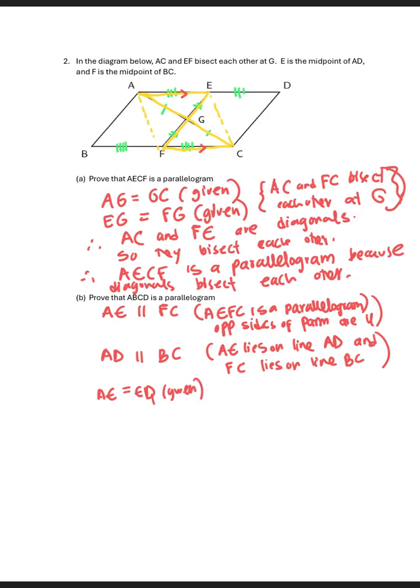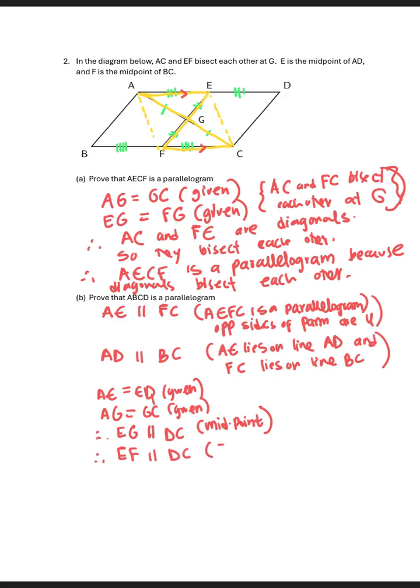This is given. And then we have AG is equal to GC, given. Therefore, it means that EG is parallel to DC. Reason? Midpoint theorem. And then, therefore, I claim that EF is parallel to DC.